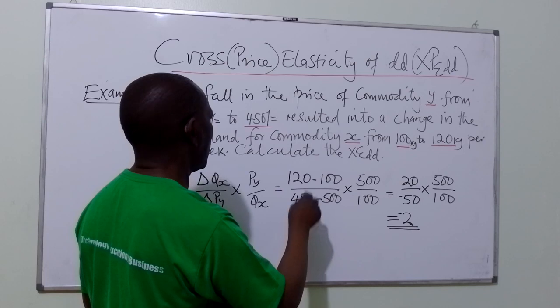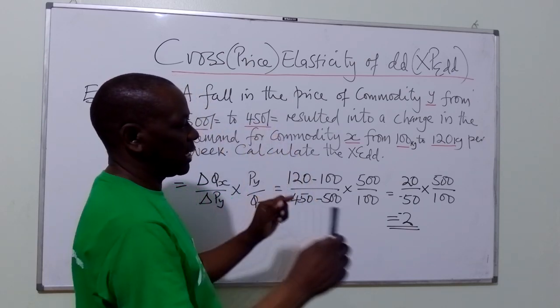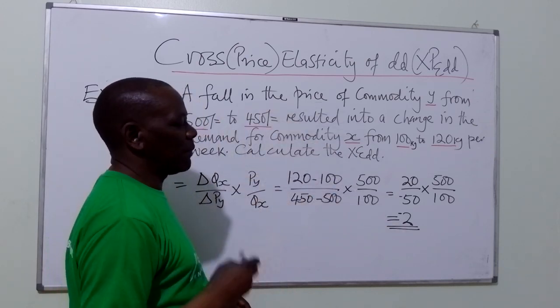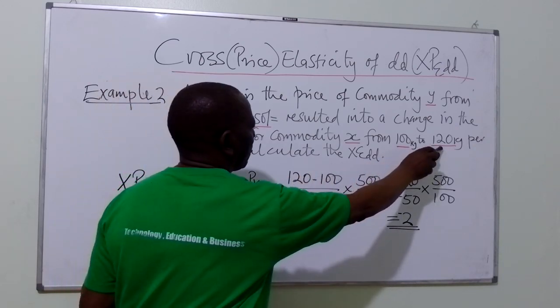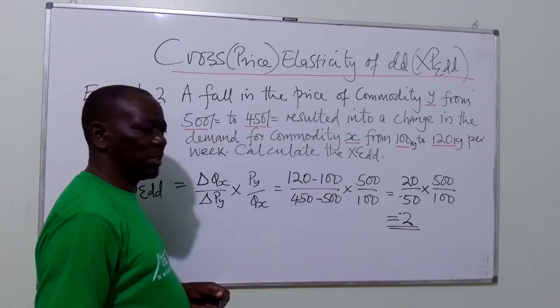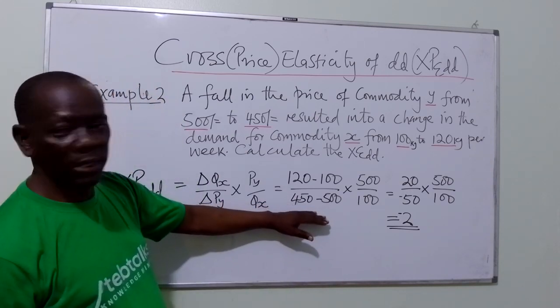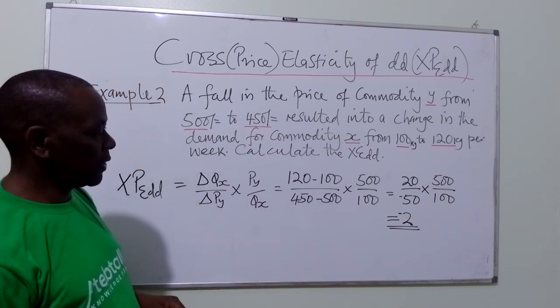Over 450 minus 500, because you are looking at the change. When you are looking at the change, you take the new figure minus the original figure. So even here, we take the new figure minus the original figure. Same thing on price: we get the 450, which is the new figure, minus the 500, the original figure.